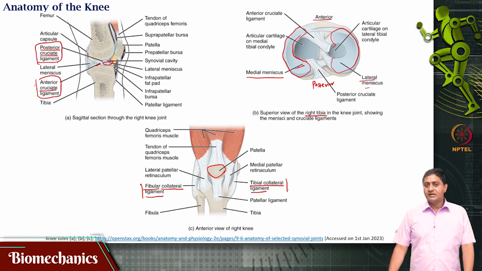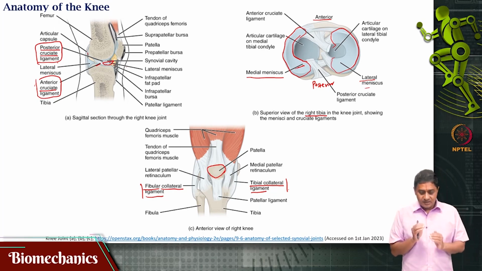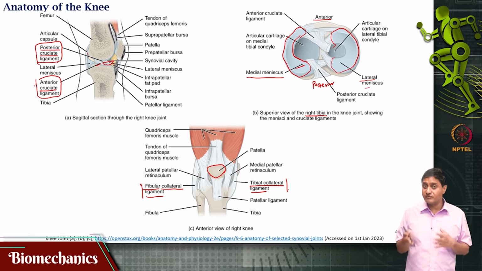So, to review the knee joint, we have 3 articulations, all of them in a single capsule. One is the medial tibiofemoral joint, another is the lateral tibiofemoral joint, and the other is the patellofemoral joint. These are the 3 articulations present within one capsule, which is the knee joint.